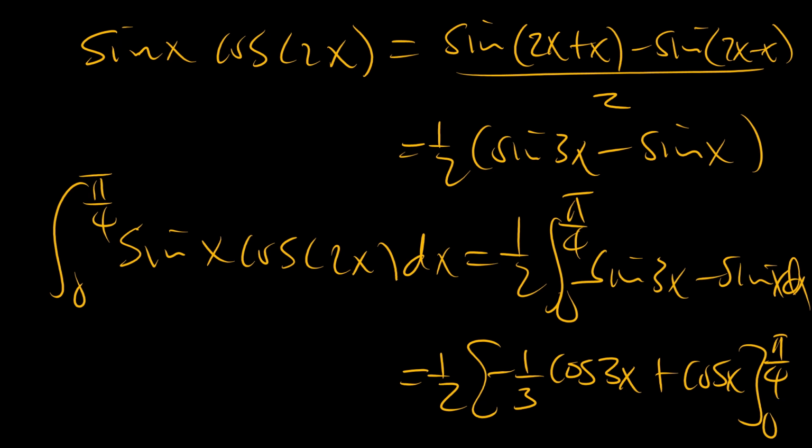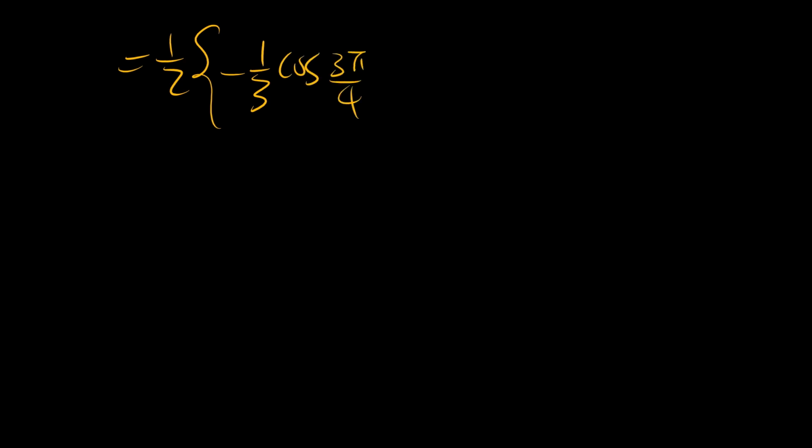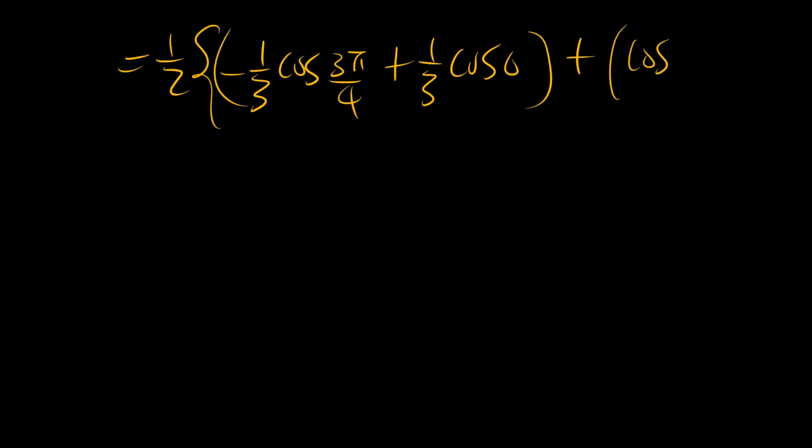And then we'll just go ahead and substitute: negative a third cosine 3 pi over 4 plus a third cosine of 0 plus cosine pi over 4 minus cosine 0.